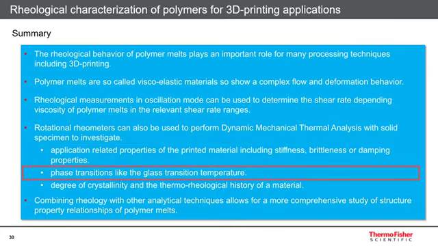They can be used to determine phase transitions, like the glass transition temperature, and also have a look at the degree of crystallinity and the thermorheological history of a material. And finally, combining rheology with other analytical techniques allows for a more comprehensive study of structure-property relationships of polymer melts. And that also includes a more detailed investigation of crystallization processes.